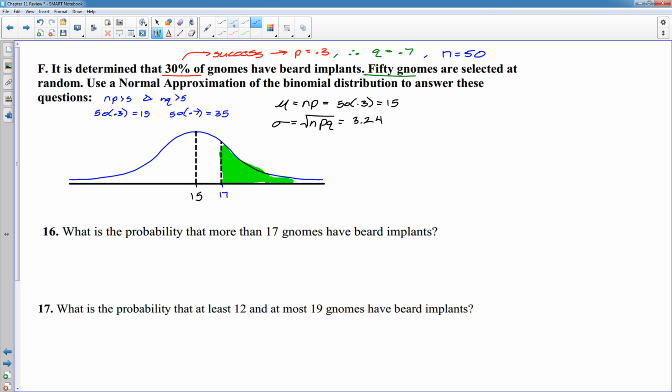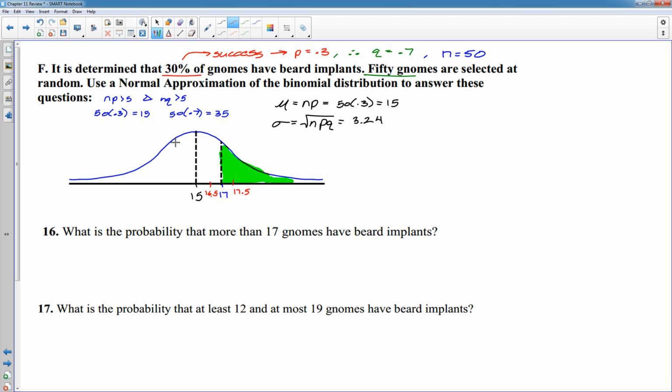The correction factor is when you have to move either to the left or to the right half a unit. So I'm not actually going to use 17. I'm going to choose either 17.5 or I'm going to use 16.5. You move half a unit either to the left or to the right.